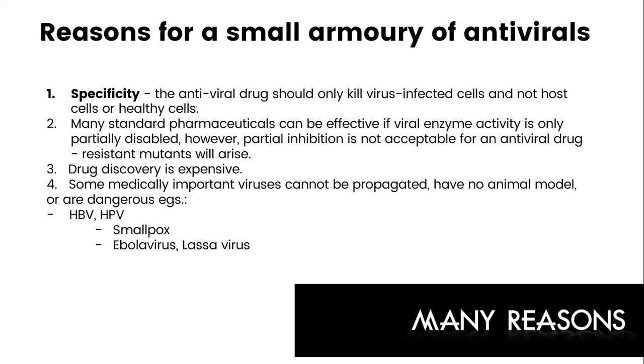Some medically important viruses cannot be propagated and have no animal model or are too dangerous. So what this means is that for a lot of viruses like smallpox, hepatitis B, Ebola, before you could go to clinical trials with humans, you sometimes have to use animal models.